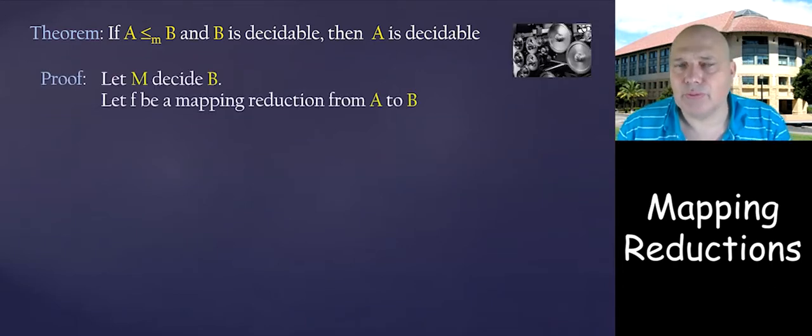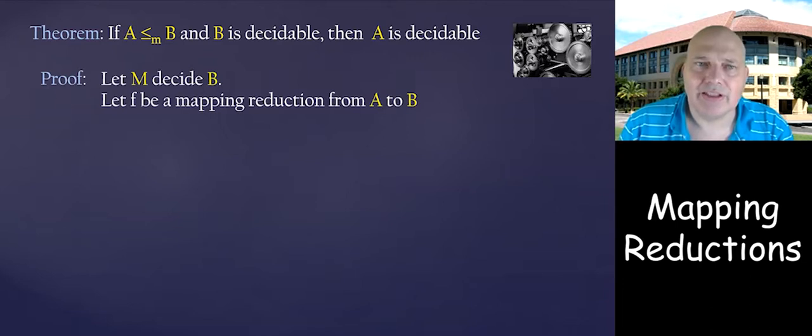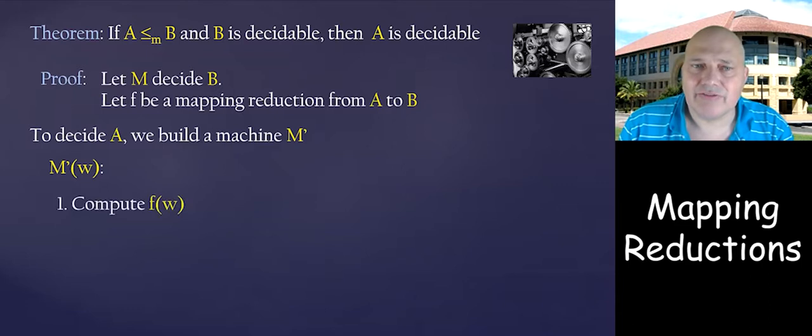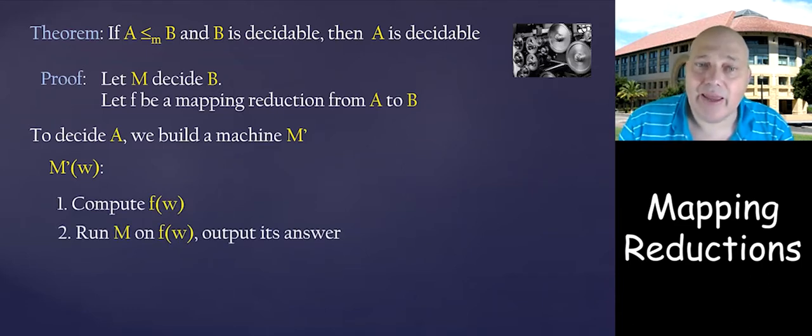So kind of with more details, M decides B, and let F be a mapping reduction from A to B. To decide A, you can build a machine M prime that first computes F of W and runs M on F of W and outputs its answer.